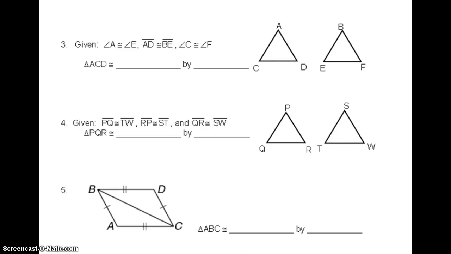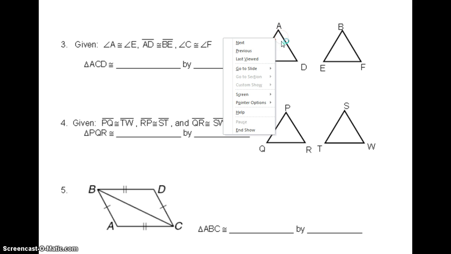Number 3, given angle A is congruent to angle E, line segment AD congruent to line segment BE, and angle C is congruent to angle F. Write a congruent statement. Okay, so let's see. Angle A is right here.